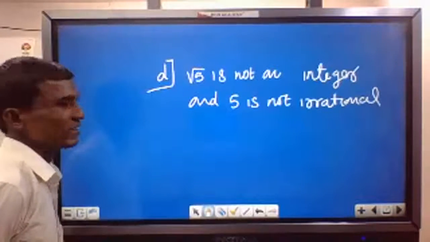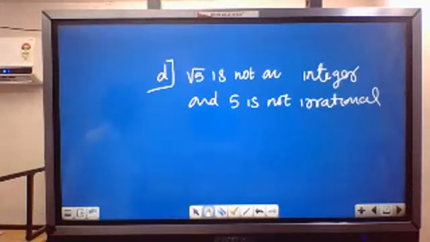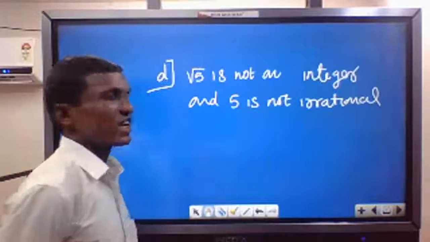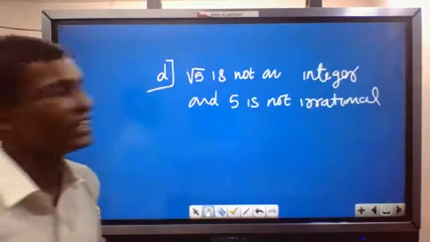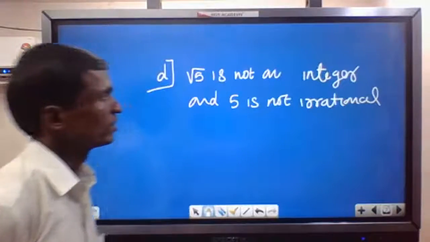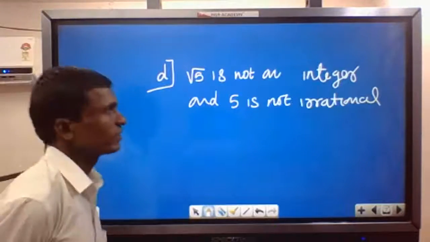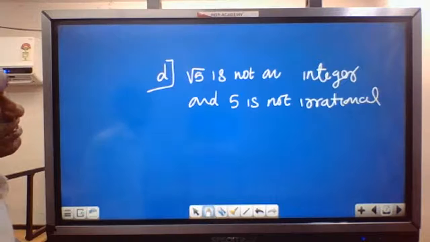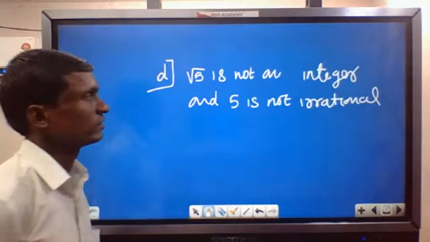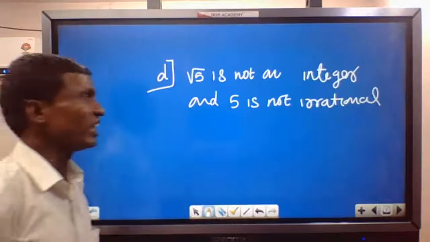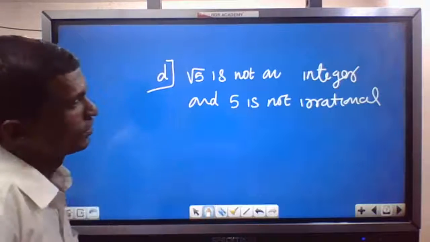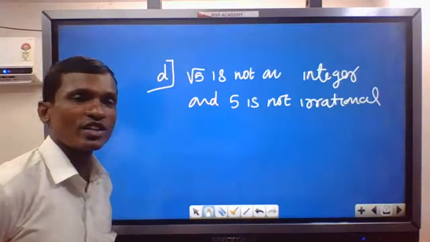We understand that 5 comes under the root sign. Is it possible for it to be a fraction or decimal? Definitely 5 is a whole number, but it is mentioned here as not irrational.